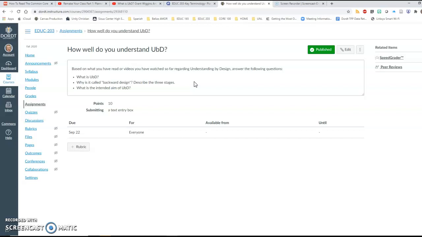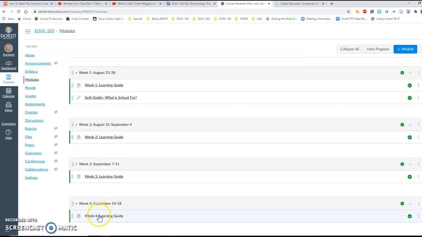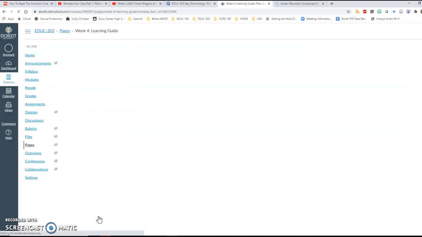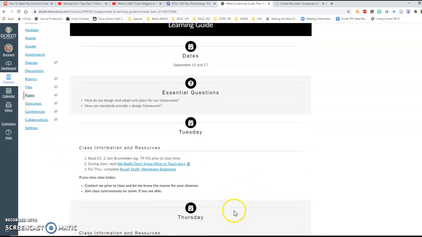So I'd say, this is a text entry, probably half a page of text. Go ahead and write more if you want, but I'm not expecting a huge amount. This is kind of introductory at this point. So back to the module. You'll find those items about UBD.